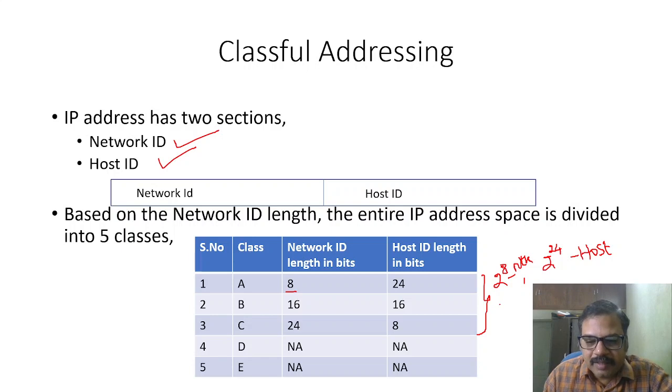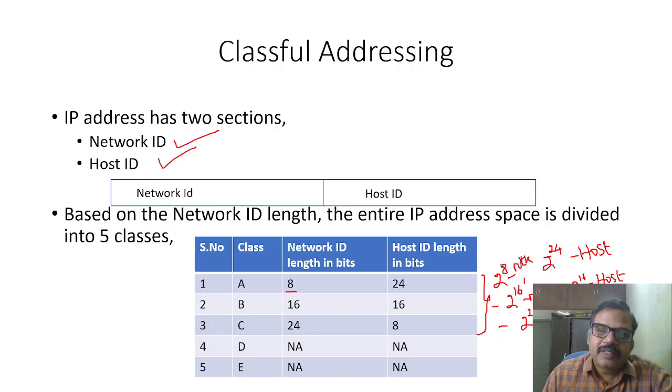In class B, we can represent 2 power 16 networks, so we can represent more networks in class B than in class A, and 2 power 16 hosts. 2 power 16 computers can be connected in each network. Then in class C, 2 power 24 networks can be represented, and 2 power 8 hosts are part of each network.